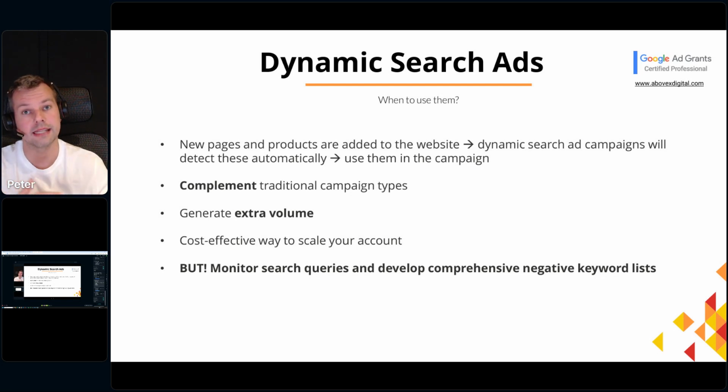If you create a standard search campaign, you are the one in control of the keywords, both positive and negative. You can review the search terms. You can negative match keywords that are not relevant, etc. With DSA campaigns, you do not select the keywords. And sometimes we've seen situations when a client, for instance, had a partner section where they listed their partners, big brands, right? And Google pulled those keywords from that page and used them for targeting, right?